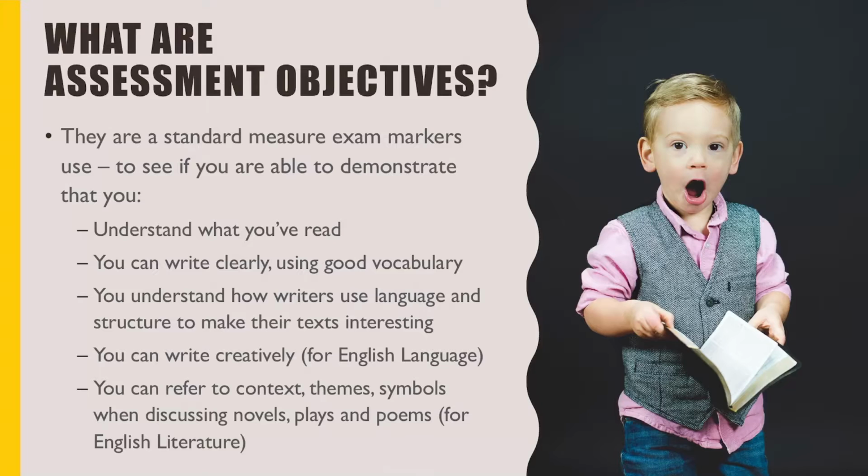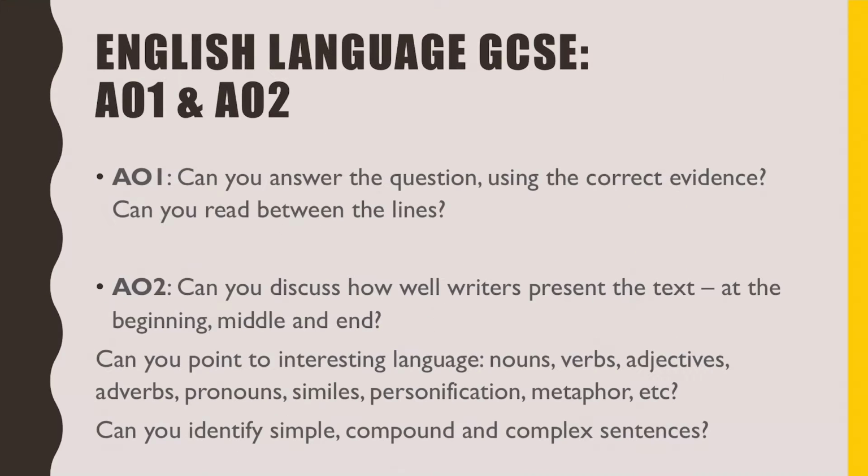However, the AOs mean slightly different things according to either the language or the literature. So let's talk through what AO1, AO2, AO3 and so on mean when you're thinking about English language GCSEs, and then let's look at what the AOs mean when it comes to English literature. Starting with English language, AO1 just means, can you answer the question using correct evidence and can you read between the lines?